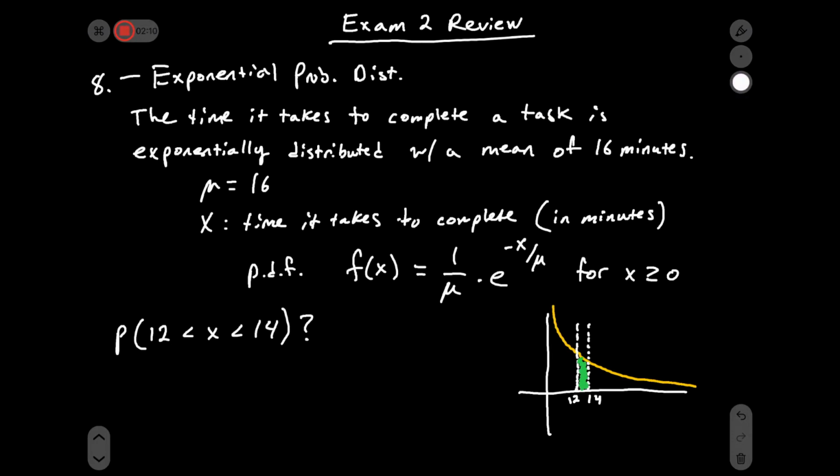Now a nice thing to know with this probability is that this is going to equal the probability that x is less than or equal to 14 minus the probability that x is less than or equal to 12.